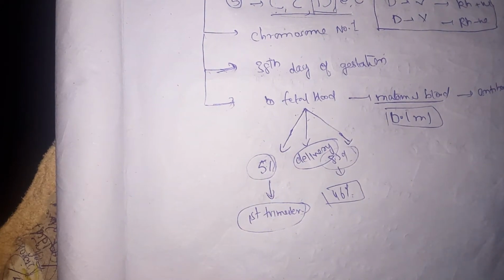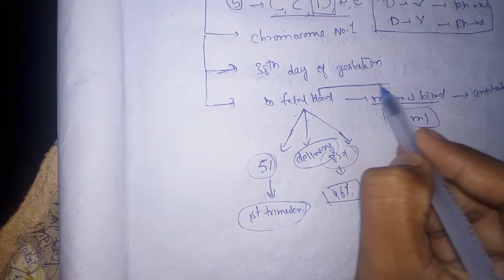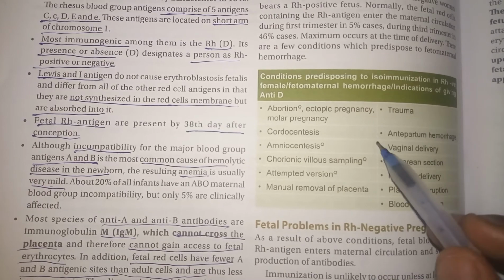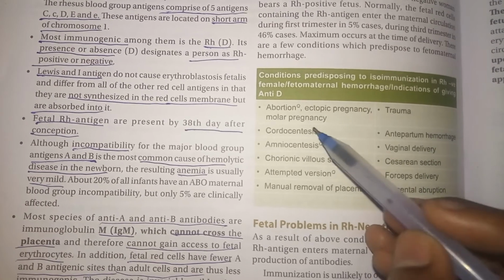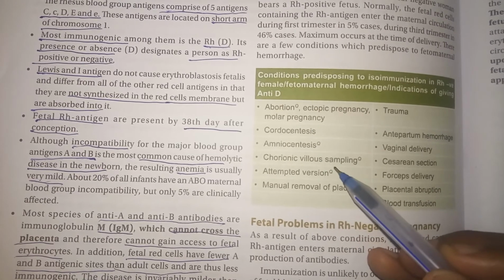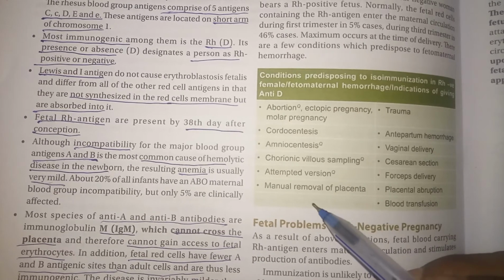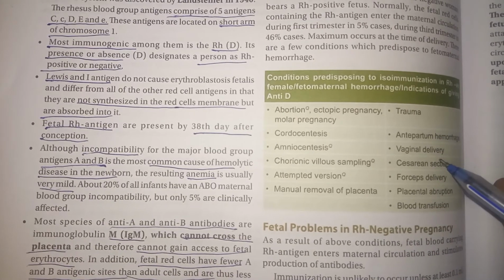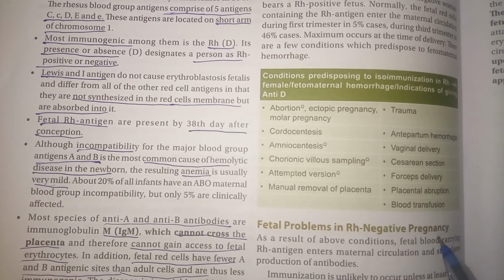Let's see the conditions where we can expect transmission of fetal blood to maternal blood: abortion, ectopic pregnancy, molar pregnancy, cordocentesis, amniocentesis, chorionic villus sampling, attempted version, manual removal of placenta, trauma, antepartum hemorrhage, vaginal delivery, C-section, forceps delivery, placental abruption.